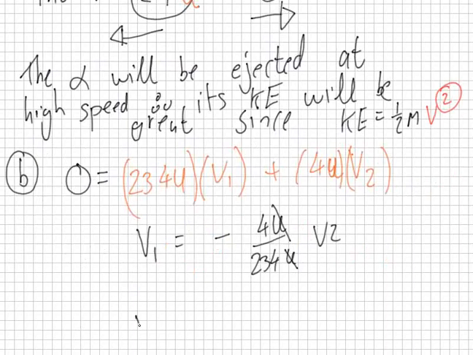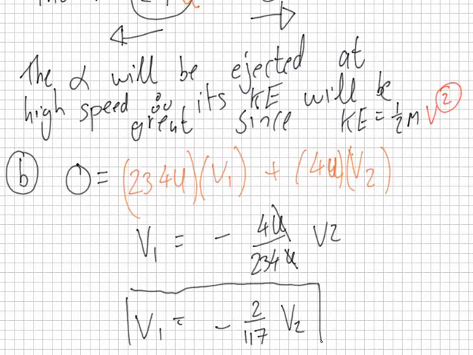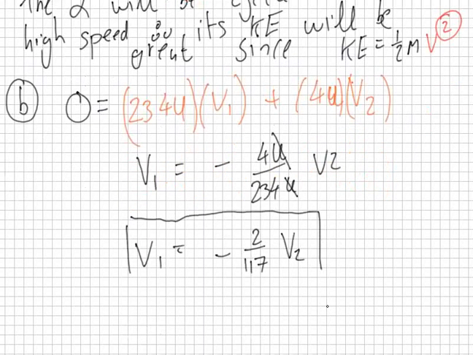The very best we can say is V1 is minus 2 over 117 V2. That's the best we can say. And the minus is there because they're going in opposite directions.